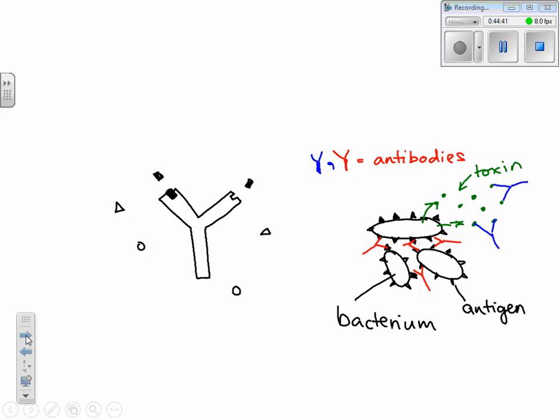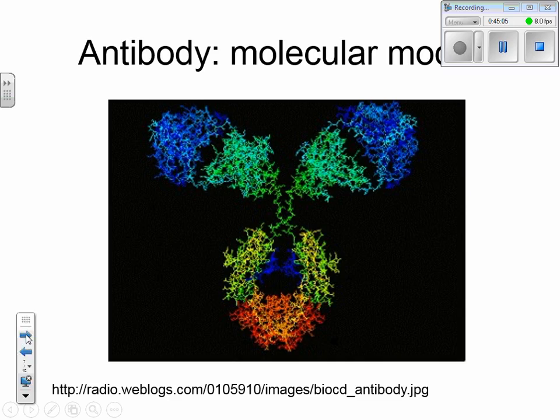Now, the next slide that you've got is a molecular model of an antibody, which doesn't really tell you very much about the different parts of it, but it's showing you the way that the protein molecule has been modelled.